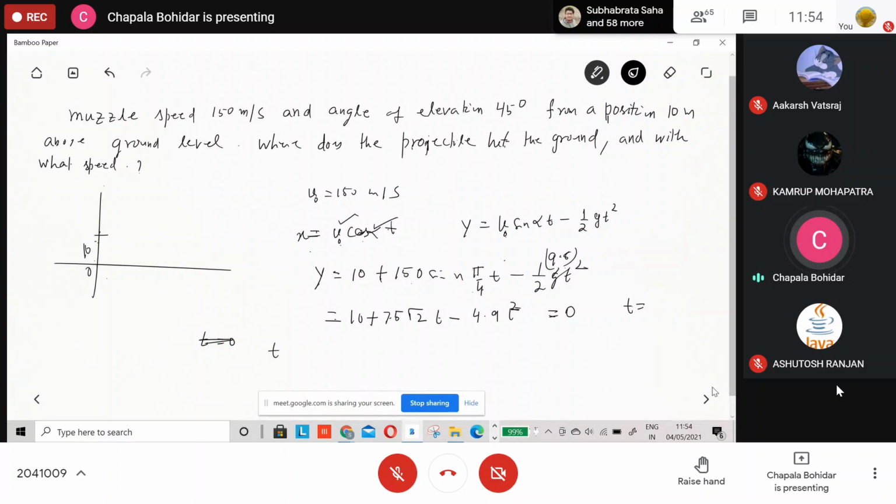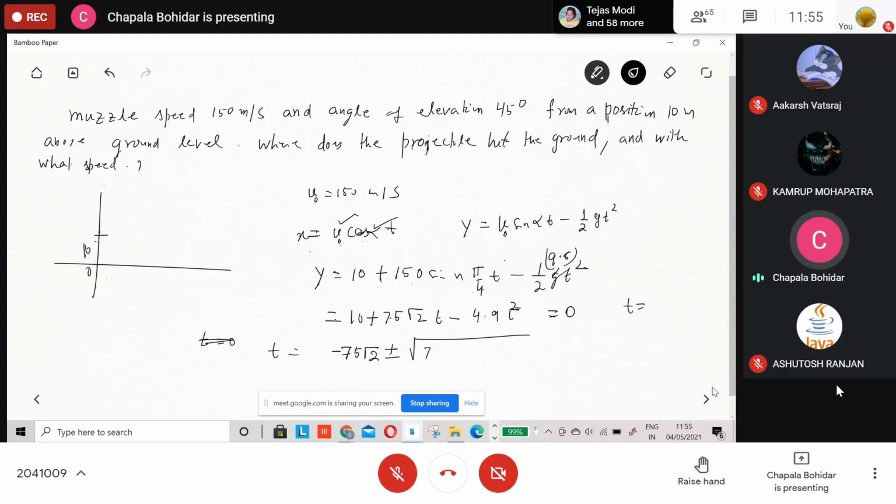t is equal to, we get 75, minus b plus minus root over b square minus 4ac.